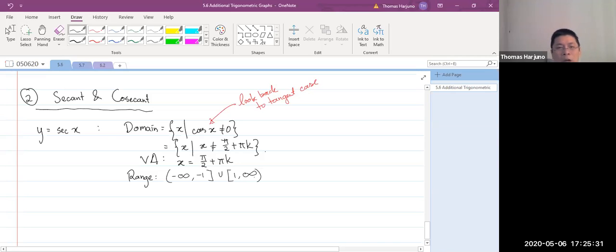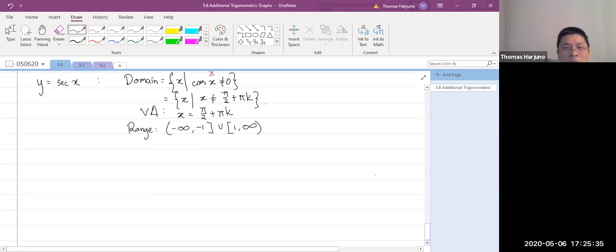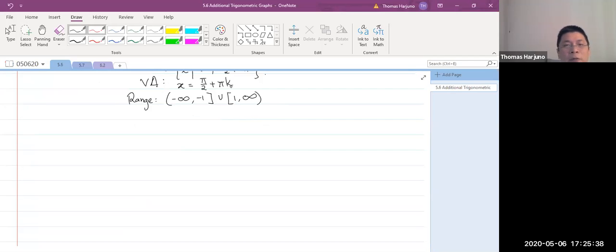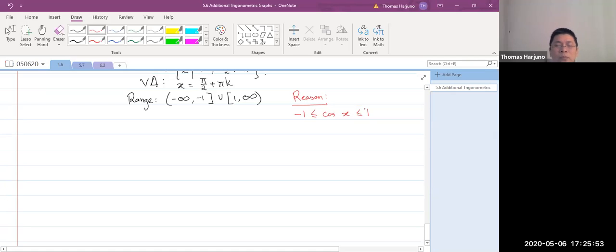I would like to go over this a little bit. I'll provide you 2 reasons. Cosine x has range between negative 1 and 1.